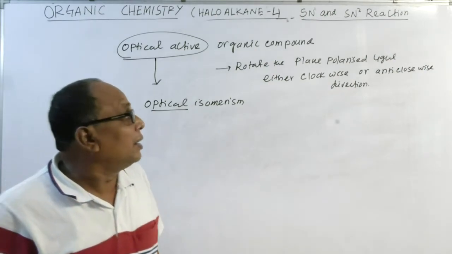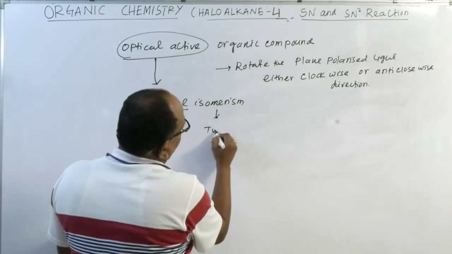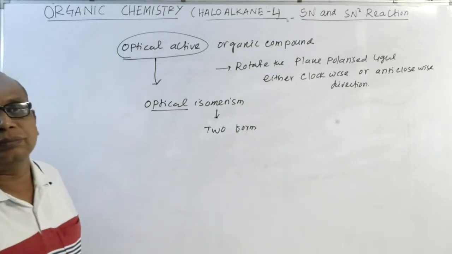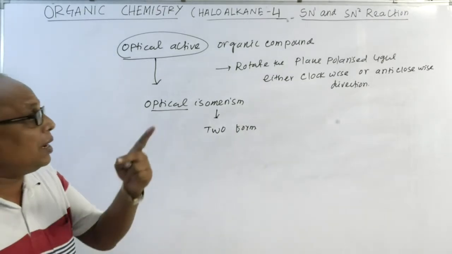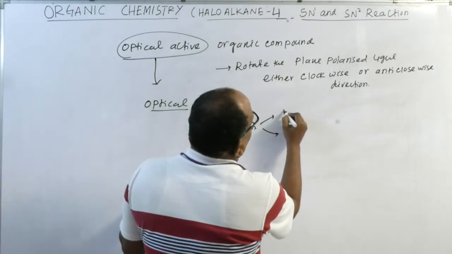Now, optical isomerism means a minimum of two forms, two different structures.